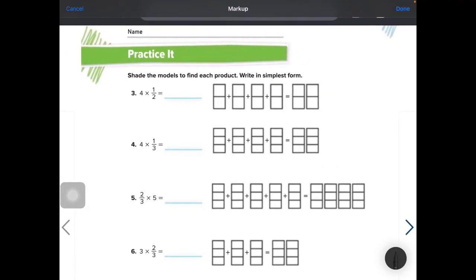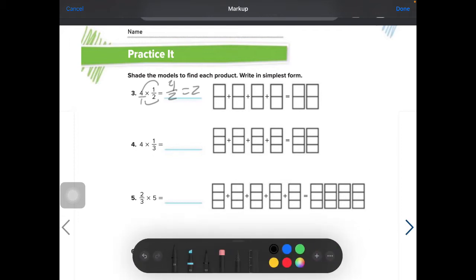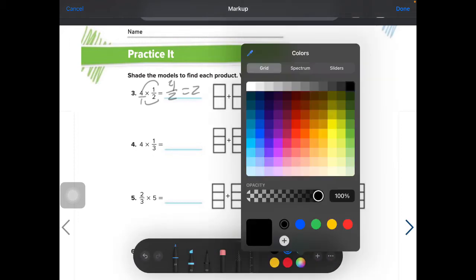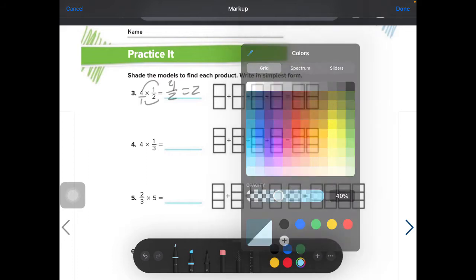Okay, shade the model and find the product. Write it in simplest form. So what I want you to do is find the answer first and then shade second. So you're going to go 4 over 2. 2 will go into 4 2 times. Okay, and then you can shade it.